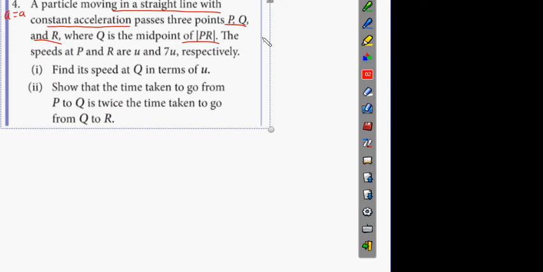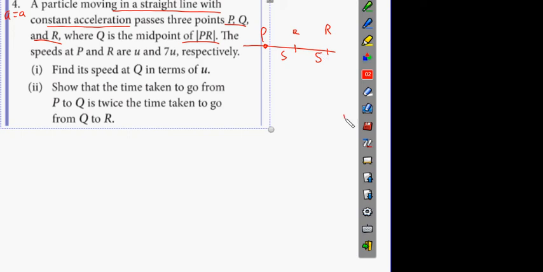So what you're going to have is P, Q and R. Now it doesn't specify it's at rest at P, so it's already moving. So we can just call that S and S, and the distance from P to R 2S. No worries there.